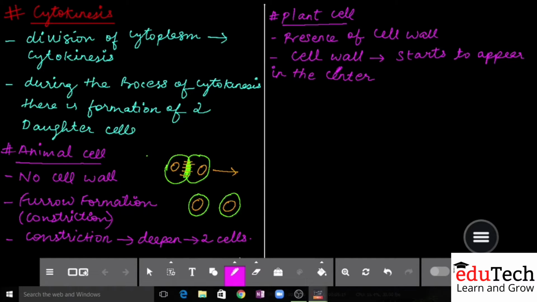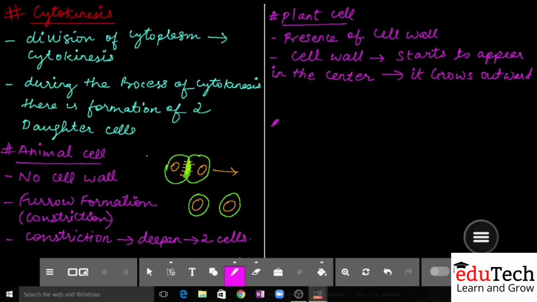Yes, once it forms at the center of the cell, slowly it grows outwards. Meaning once the cell wall starts forming in the middle, after that it slowly grows outward, extends outward.